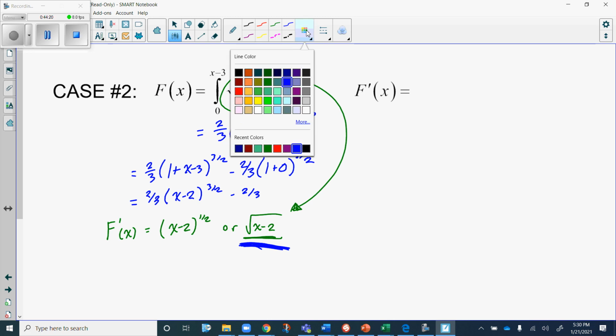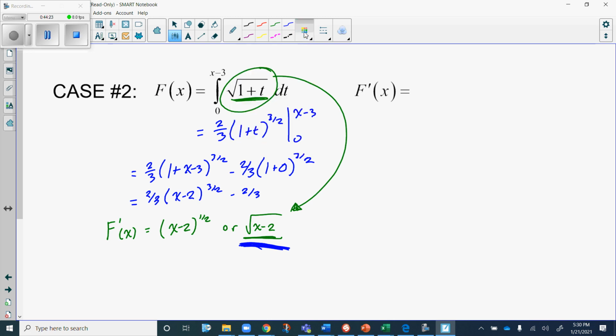So let's go back to that green color, and I'm going to use my rule now, where I'm going to say f of g of x times g prime of x. And of course, this guy right here, the upper bound, that is g of x. So here, f is the square root of 1 plus t. So I'm going to start with the square root of 1 plus, but now we do our composition.